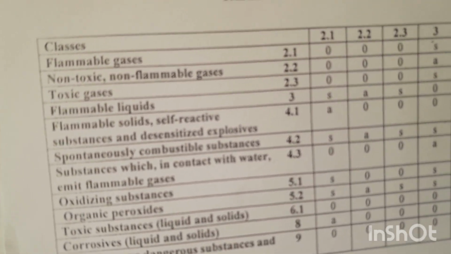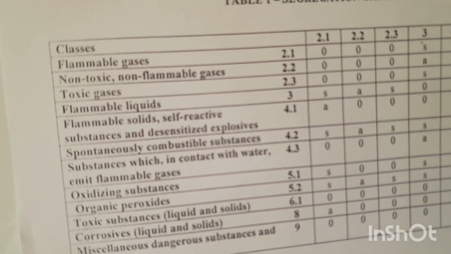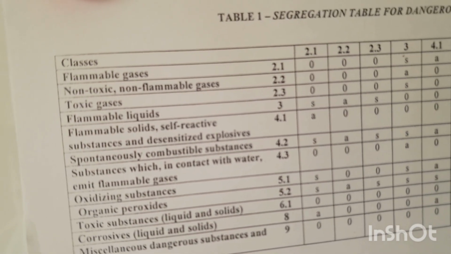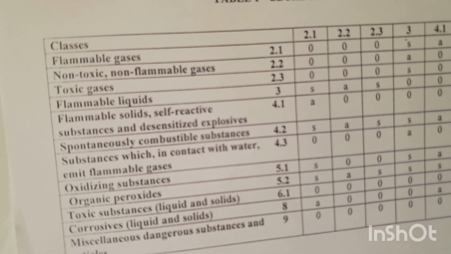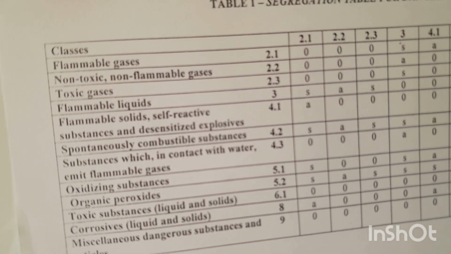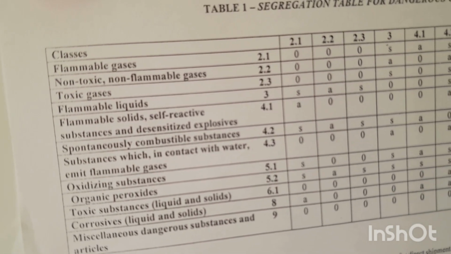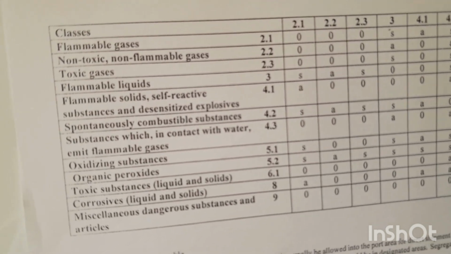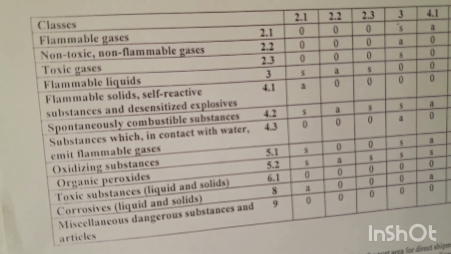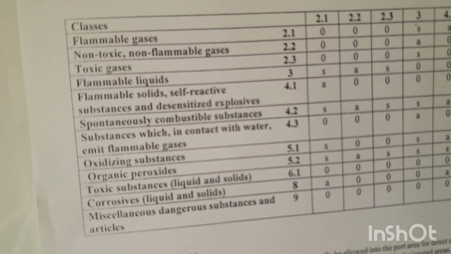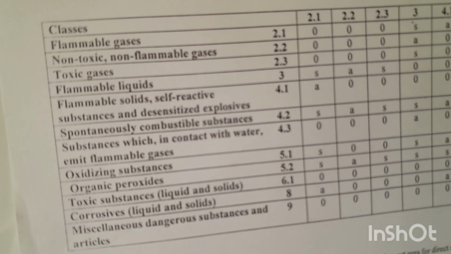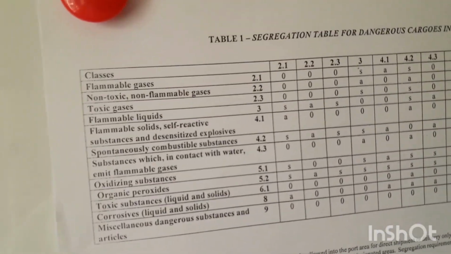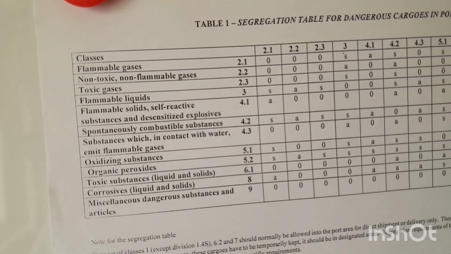Flammable liquids class 3, flammable solids 4.1, spontaneous combustible substances 4.2, substances which in contact with water emit flammable gases 4.3, oxidizing substances 5.1, organic peroxides 5.2, toxic 6.1, corrosive 8, miscellaneous 9. So all the 9 classes of goods have been listed on the left side along with their subclasses.